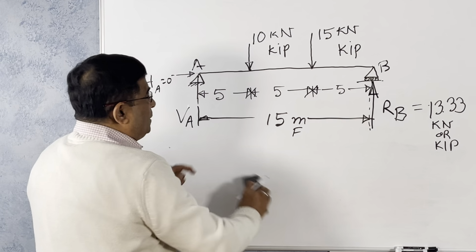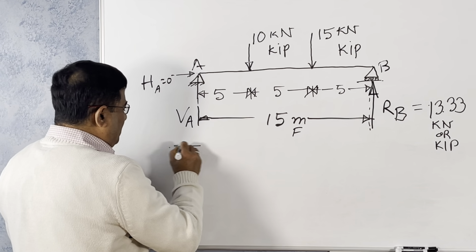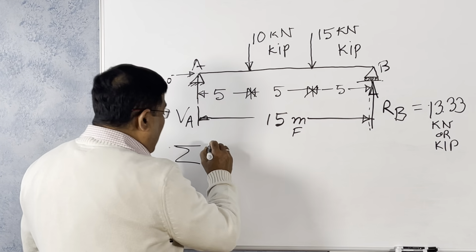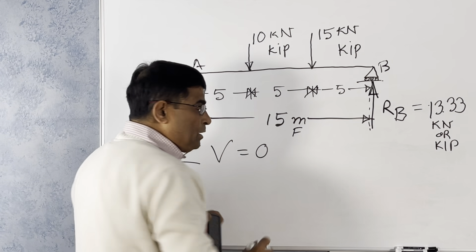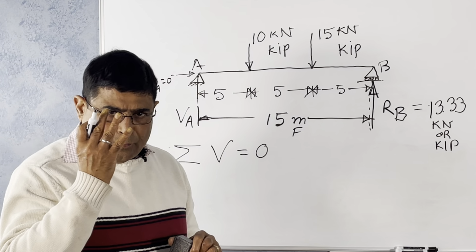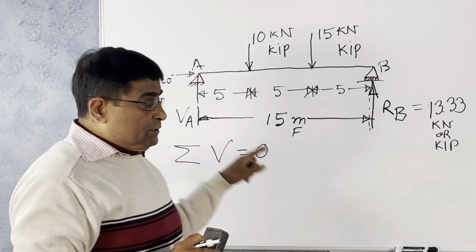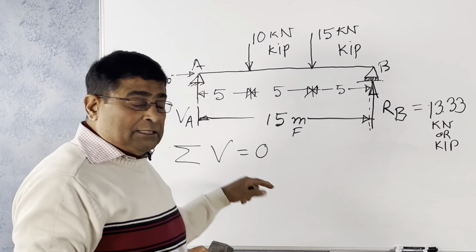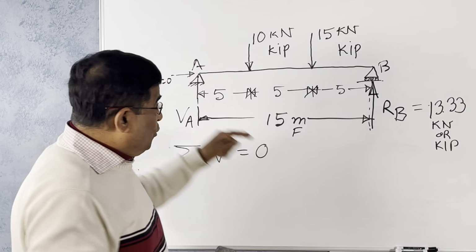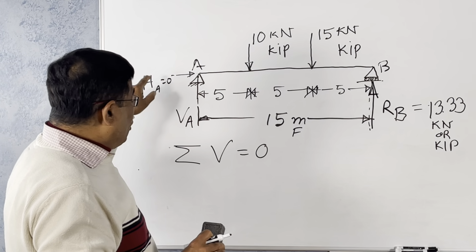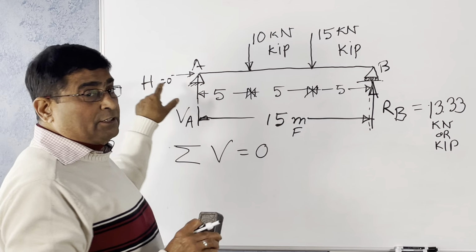Now we will be taking help of summation of vertical force equal to 0. That is another equilibrium equation. There are 3 equilibrium equations. One is summation of moment is 0, summation of vertical force is 0, summation of horizontal force is 0. So horizontal force is automatic. There is no horizontal force, the reaction is 0.